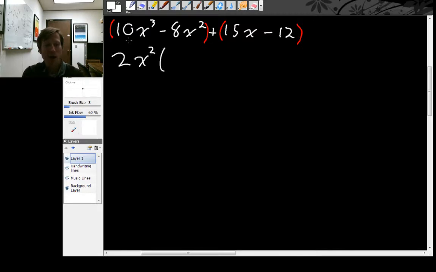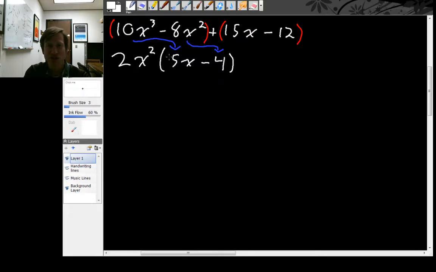After you factor out 2x squared from this first part, what's left over? Looks like it's 5x. And for this second part, what's left over? Looks like it's minus 4.